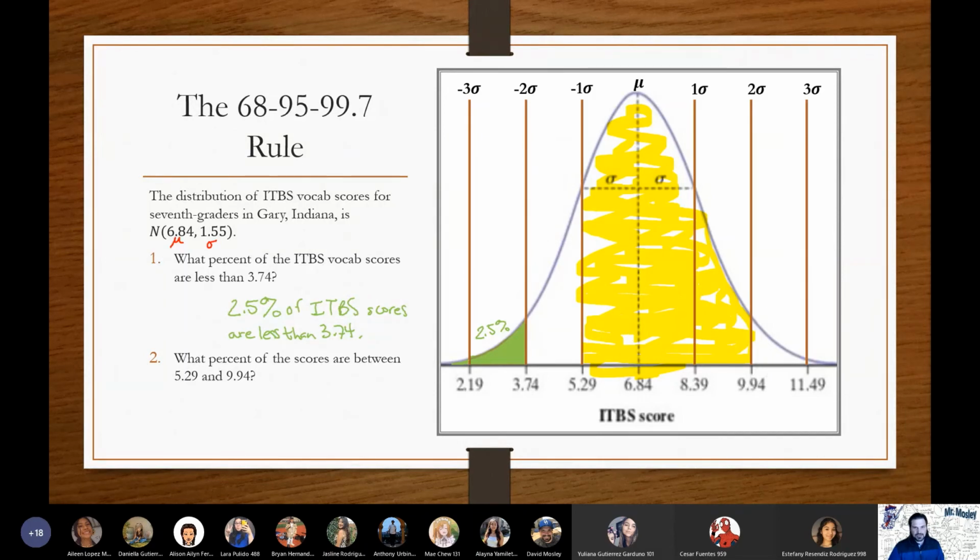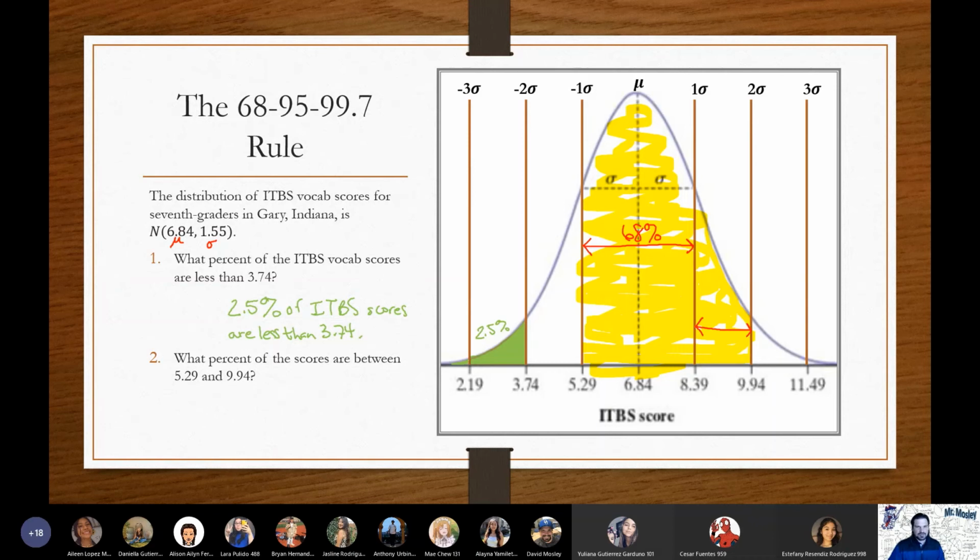So again, we look at what we know. From the 5.29 to 8.39, that is my 68%. Now I need to add in what percent is from here to here.